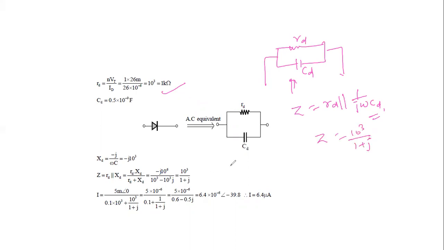This is the value of Z. So what is the magnitude of I? Putting in all these values, you will get I equal to 6.4 microampere. So this is the basic question. Just find the input resistance, or you can say the internal resistance of the diode.